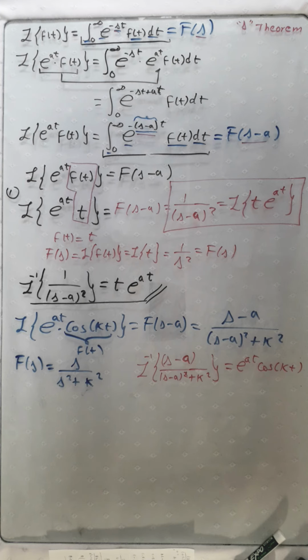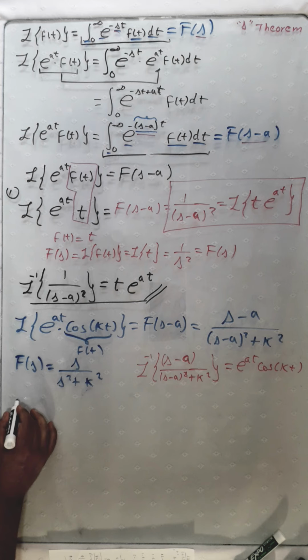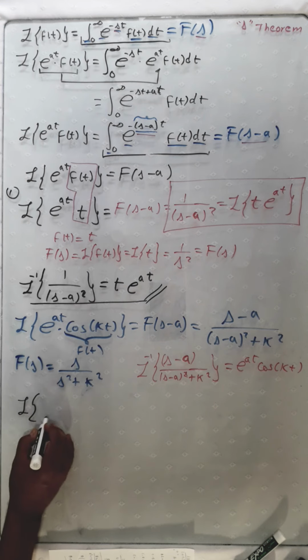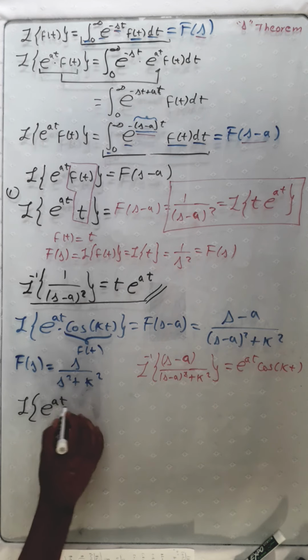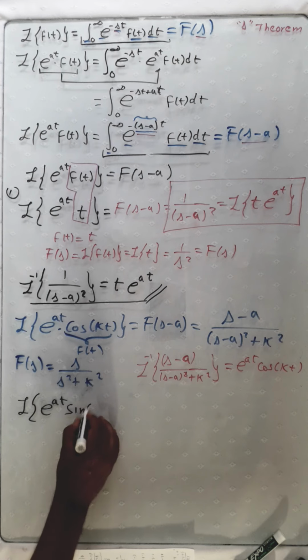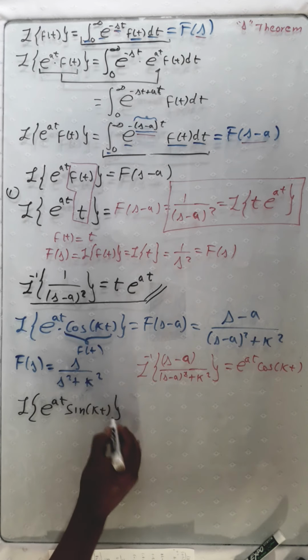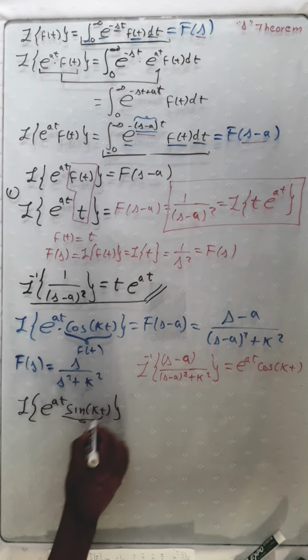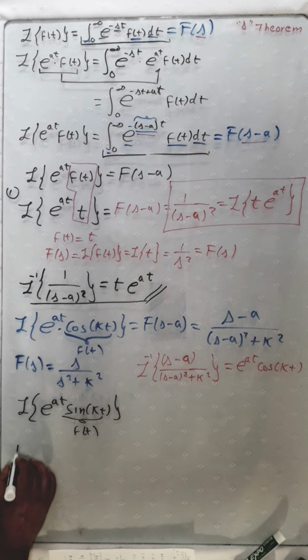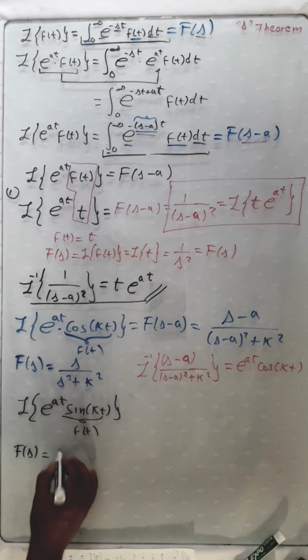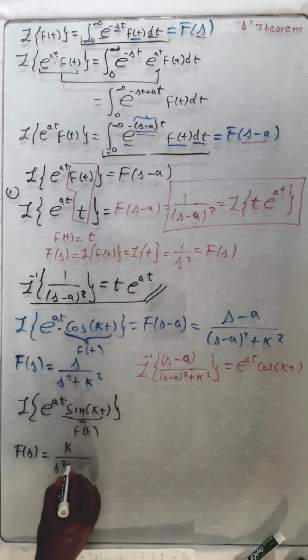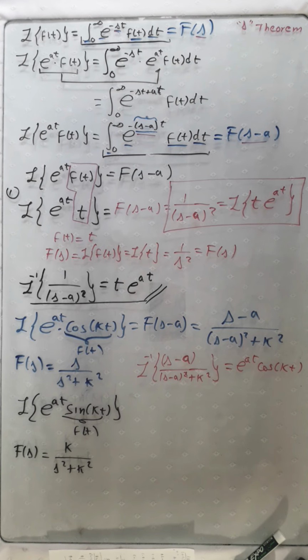Now, the last example we are going to cover is something very similar. The Laplace transform of exponential of at, but in this case the sine of kt. Very similar process. Because this is f of t, then f of s is equal to k over s squared plus k squared. That is the Laplace transform of the sine.